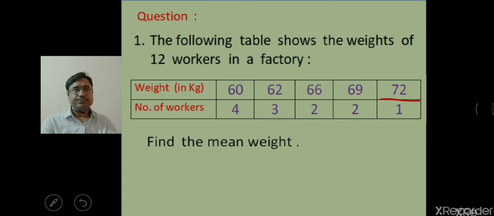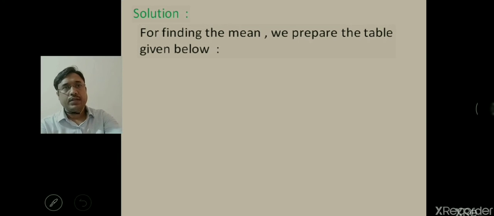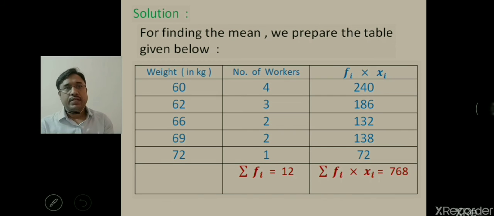First we will draw the tabulated data. For finding the mean, we prepare the table. In the first column, weight in kg: 60, 62, 66, 69, 72.